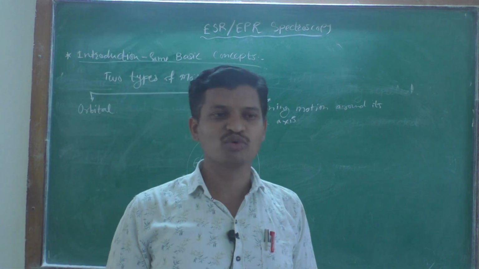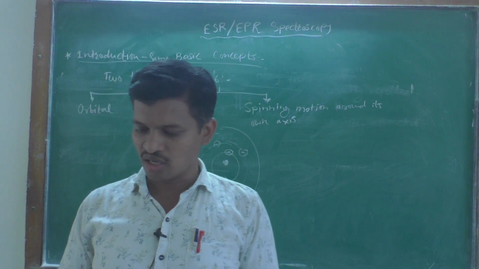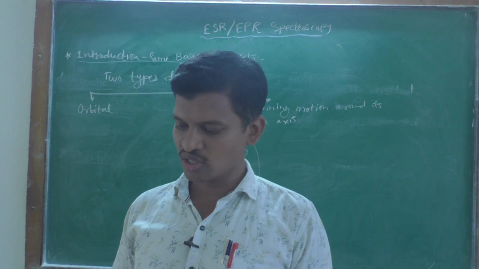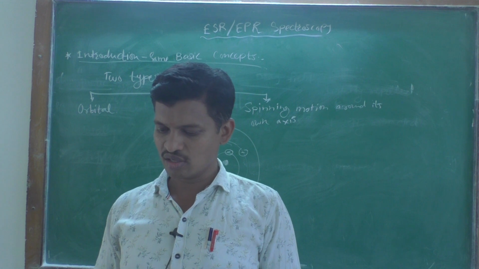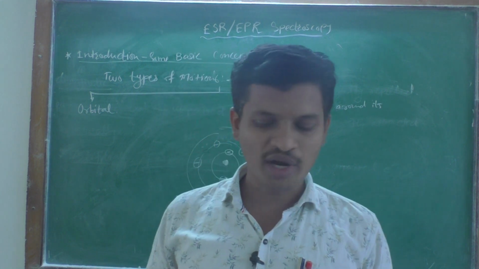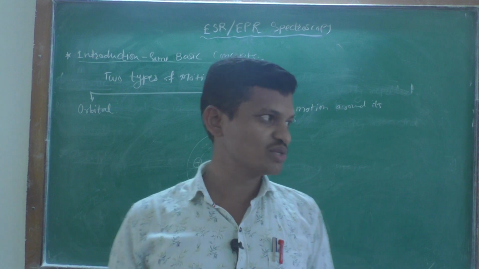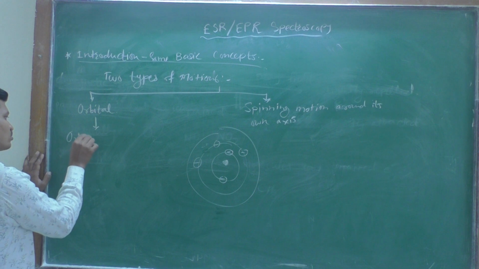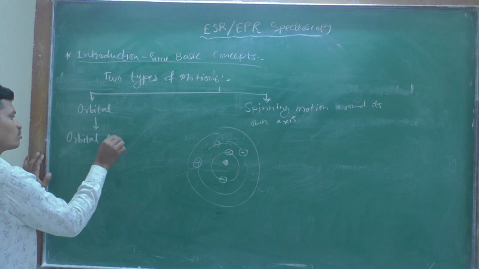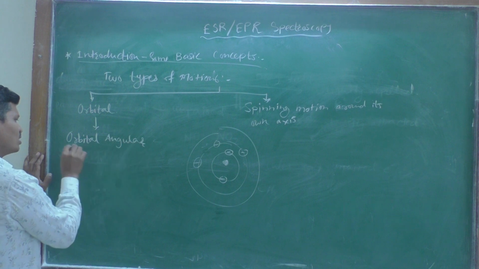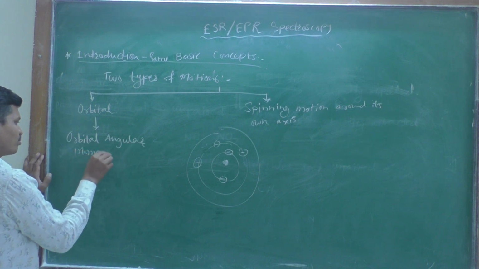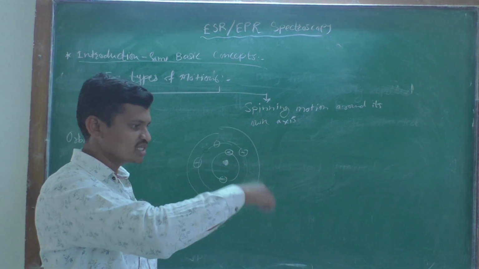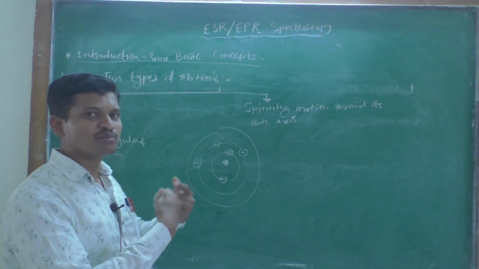And due to this orbital motion, the electron gives rise to orbital angular momentum. So due to this orbital motion of the electron around the central nucleus, an angular momentum is generated.